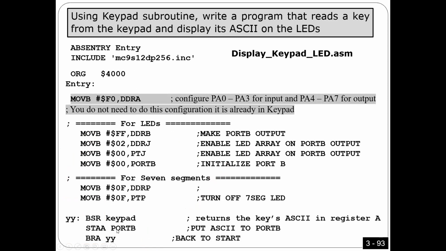I just want to test the keypad to make sure it's working. The way I did it here, I'm going to jump to a subroutine. Once you jump to the subroutine, it's going to wait until you press a button, and the ASCII of this button should be in register A, and then you can copy register A to port B as you see here, and then I'm going to keep repeating that. So I'm going to call the subroutine, get a keypad value and send it to the LEDs.